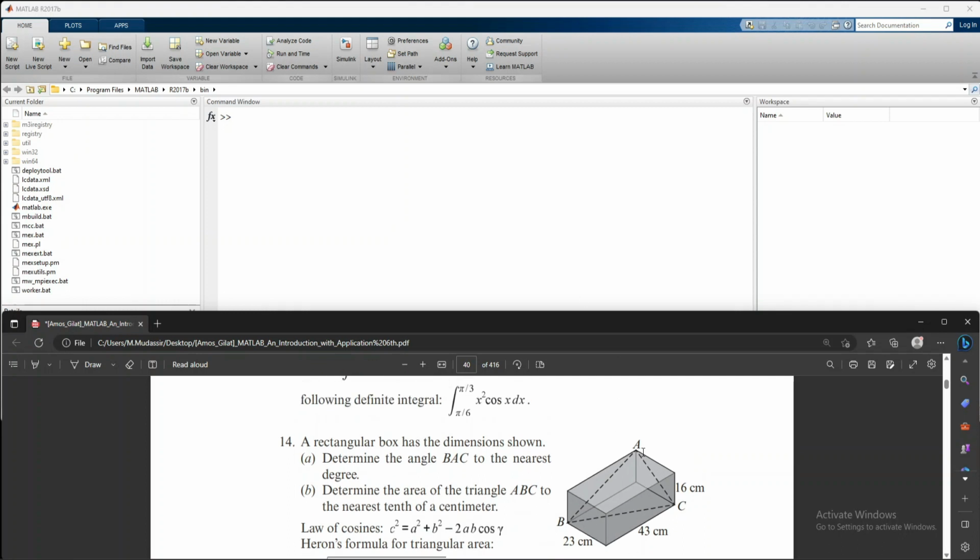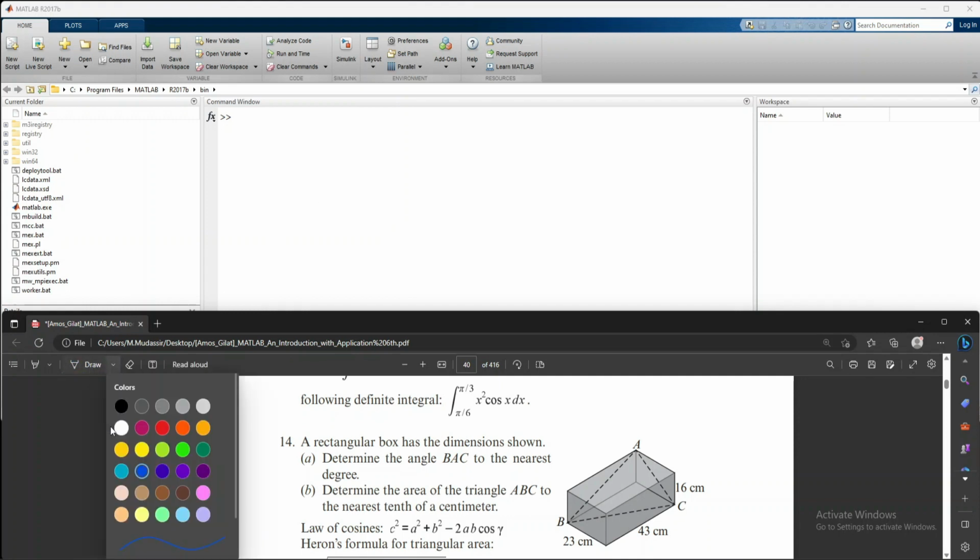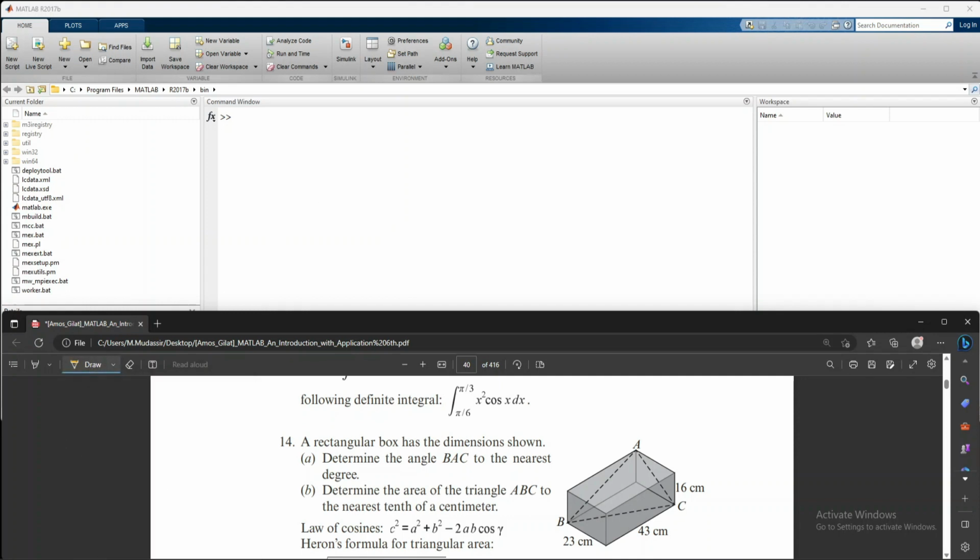First, to find the angle between these two lines, I need the length of this line and this line and this line. Let me draw here. Let's say in front of A, this side is equal to small a, in front of B, this side is equal to small b, and in front of C is small c.